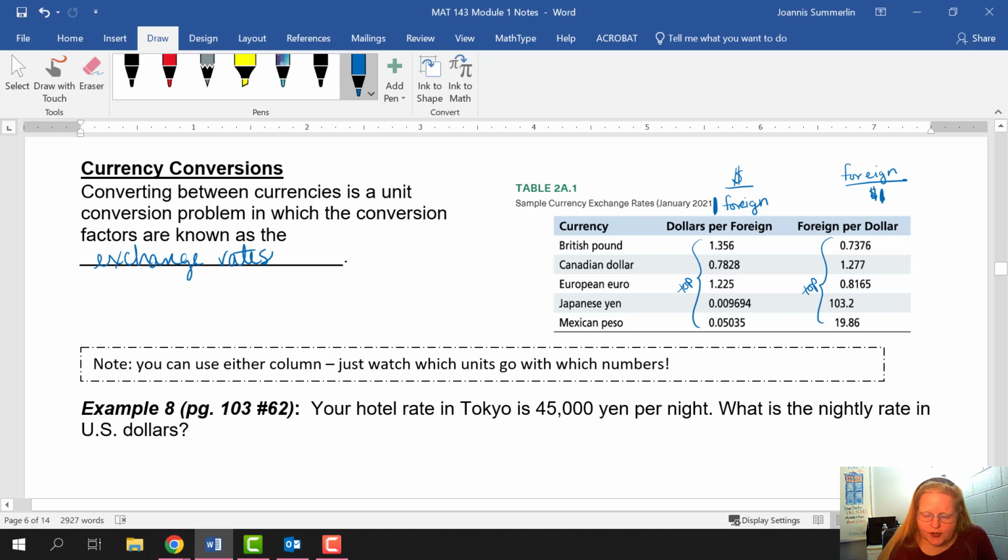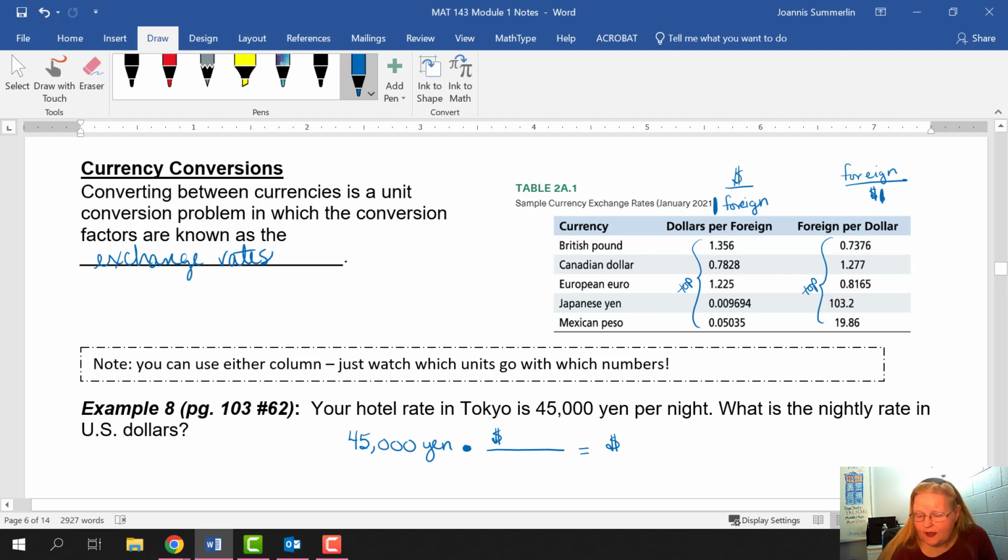So when we're doing example number 8, the hotel rate in Tokyo is 45,000 yen per night. What is the nightly rate in US dollars? I need to multiply this by something so that we end up with dollars on top, because that's what we want our answers to be, US dollars.